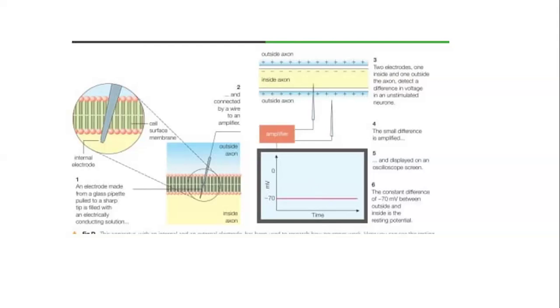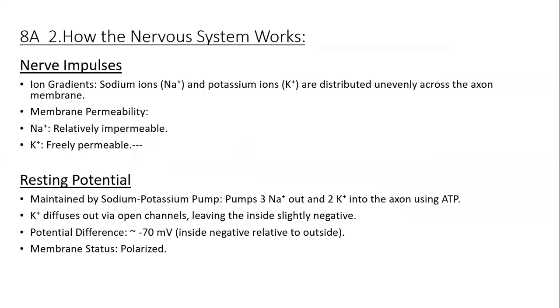Any questions? We'll see about this resting potential later, I think you have to study later chapters. Here you have to learn about the resting potential and how the nervous system works. Nerve impulses involve an ion gradient, a change in charge difference.